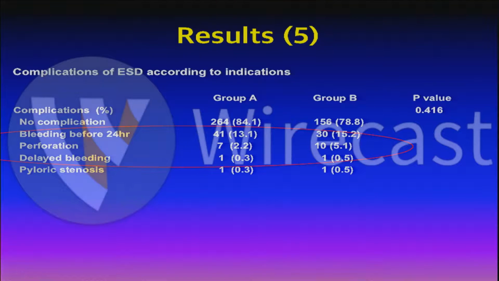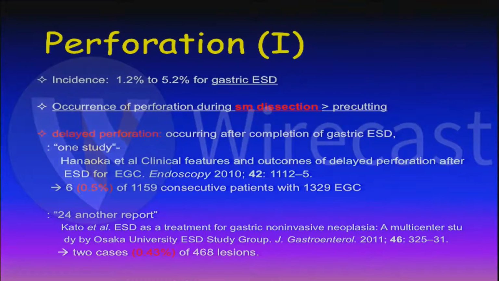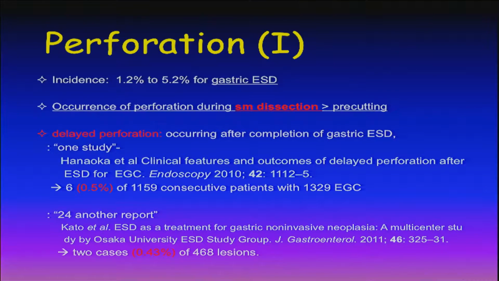The perforation is 2.25%, and delayed bleeding is less than 0.5%. Incidence of a perforation, let's focus on the gastric ESD because I recommend the gastric ESD first.